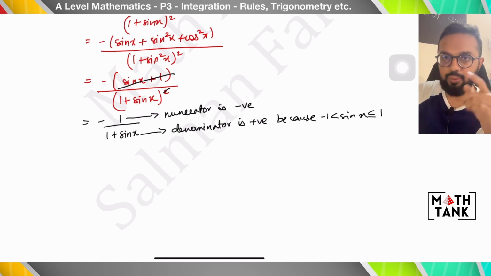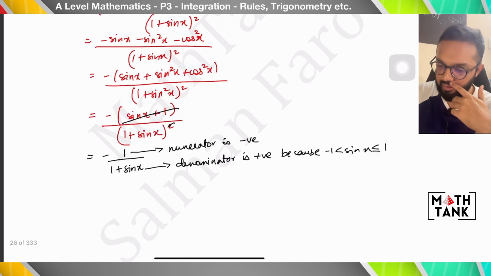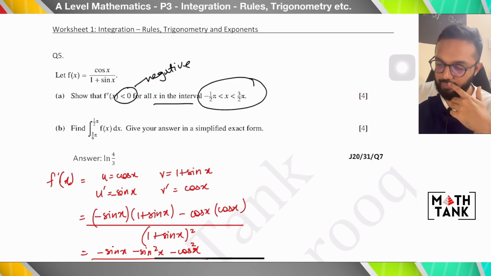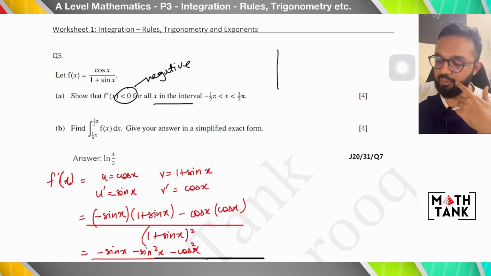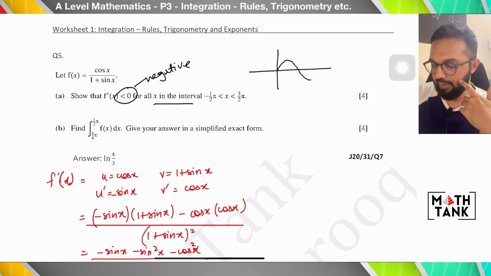It can be equal to 1, but it never reaches minus 1, so the denominator never reaches 0, because this is telling you from minus 90 to 270. If I remember the curve from minus 90 to 270, the 270 value isn't included, and if I go down to minus 90, it also stops here. So minus 1 is not included, 1 is included.